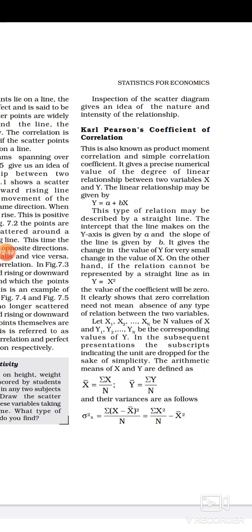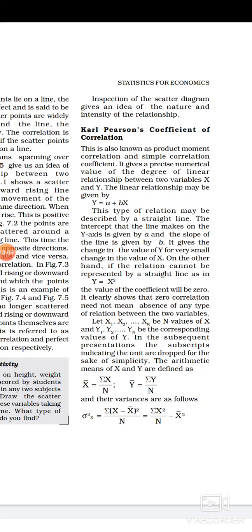This type of relation may be described by a straight line. The intercept that the line makes on the y-axis is given by a, and the slope of the line is given by b.